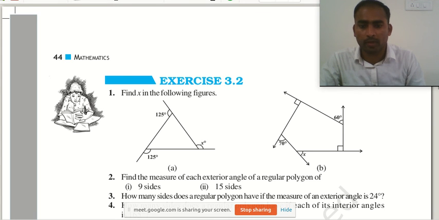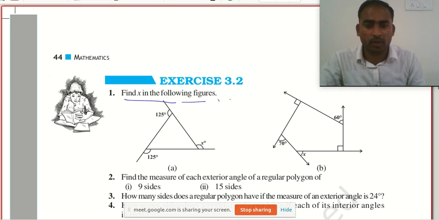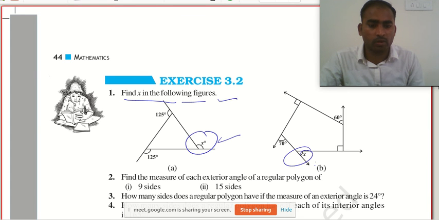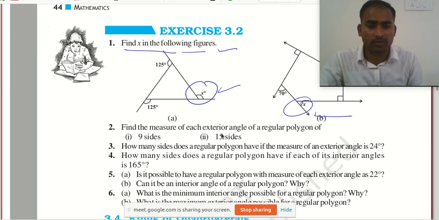Okay, sir. Okay. Find x in the following figures. So here, are you able to find this x now? You can find this also? Yes, please do. And here, find the measure of each exterior angle of a regular polygon of 9 sides. If it has 9 sides, each exterior angle is 360 divided by 9.